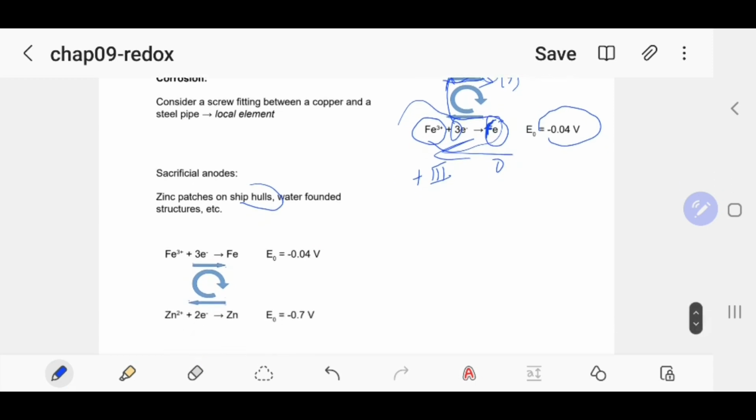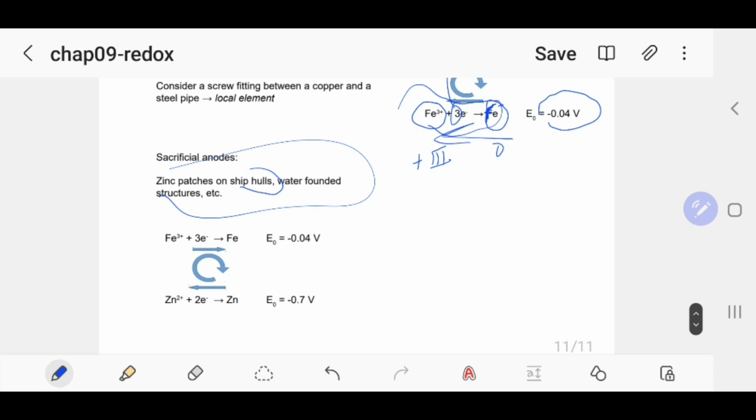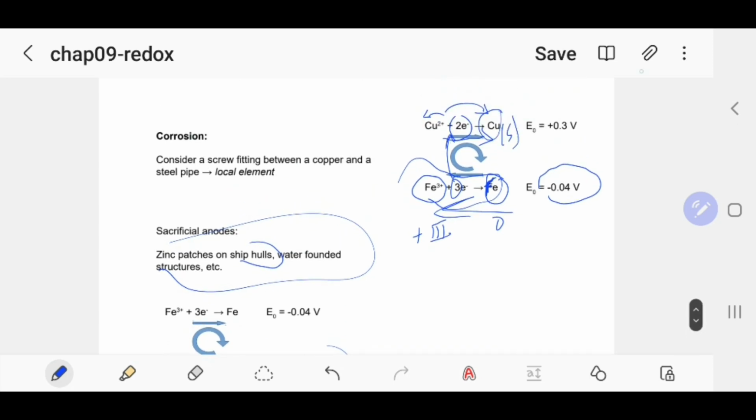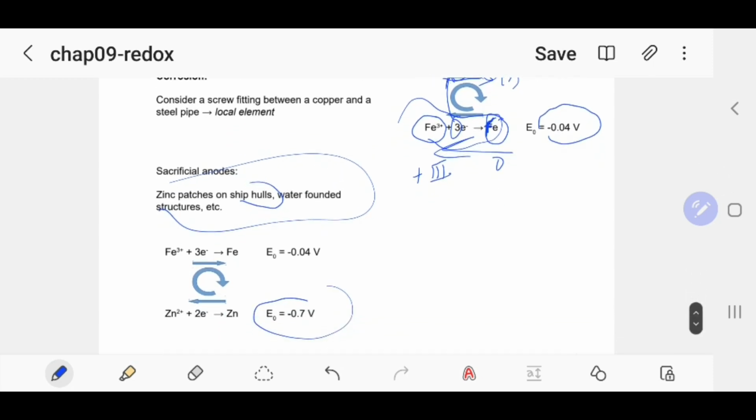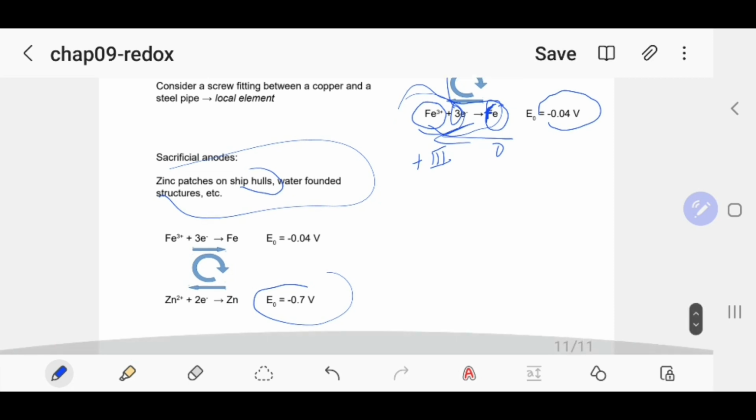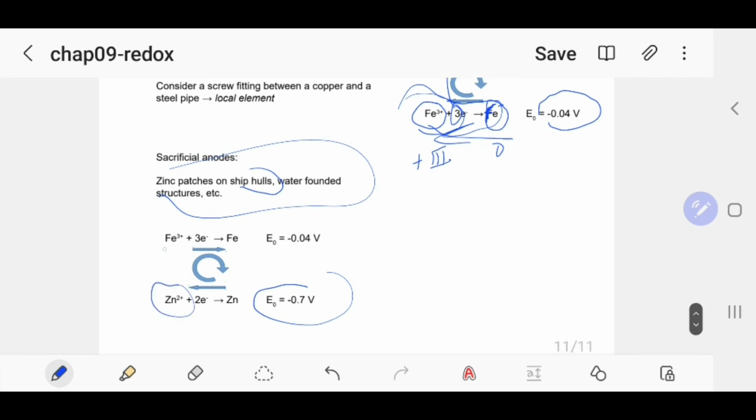So to prevent this, we put some zinc patches which have an even lower standard potential, where we will have now, at the beginning, the iron was acting like an anode or the negative terminal, and in the presence of zinc, now it will act as the cathode or the positive terminal and will go through a reduction from 3 plus to 0.